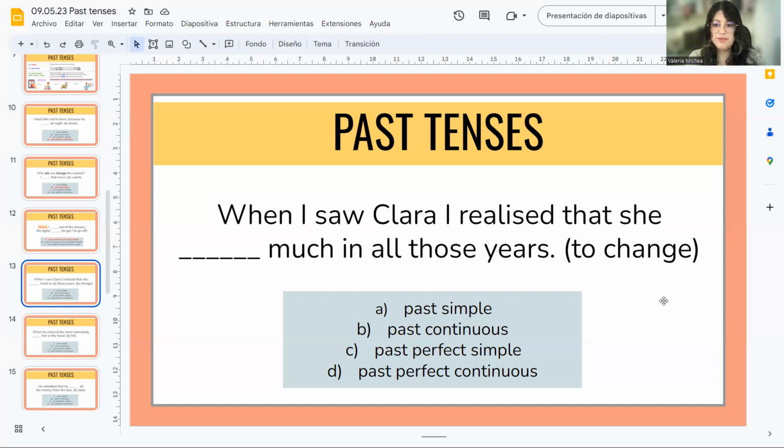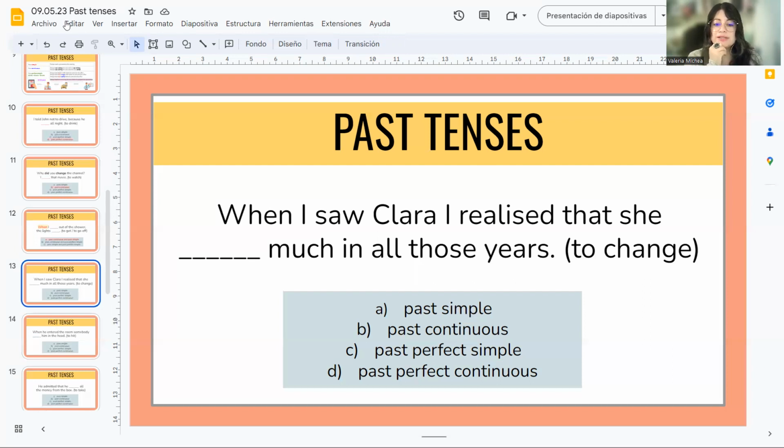We have a winner, and according to you, it's C, past perfect simple. Let me read it with that answer. When I saw Clara, I realized that she had changed much in all these years. Or she hadn't changed much in all these years. How do we know if it's affirmative or negative? Right, this one is really tricky.